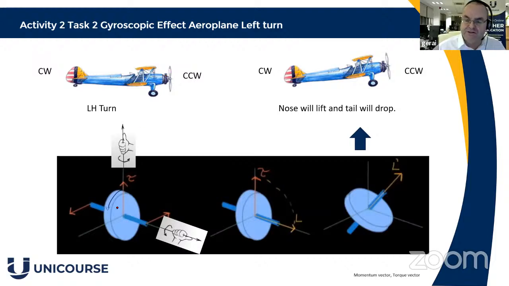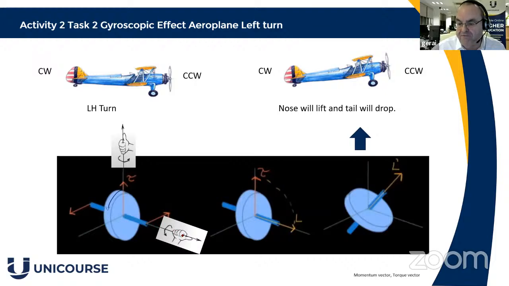So using the images before, the disc here represents the propeller and the engine inertia, and the blue line is the axis of the propeller and the engine. First of all, we've got to find the momentum vector. So again, we look at the direction. The direction is counterclockwise, or anti-clockwise.